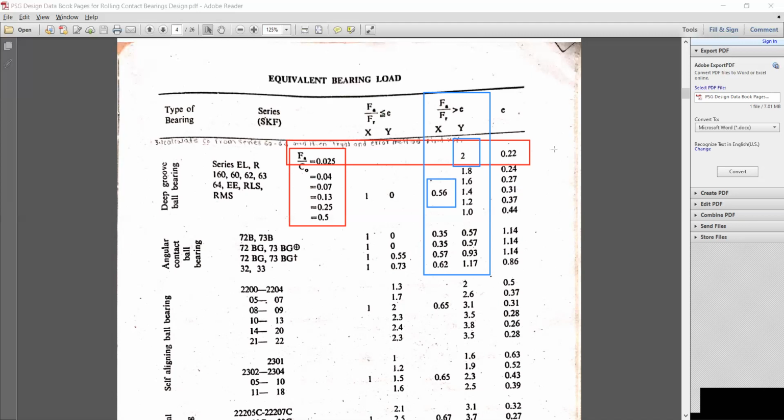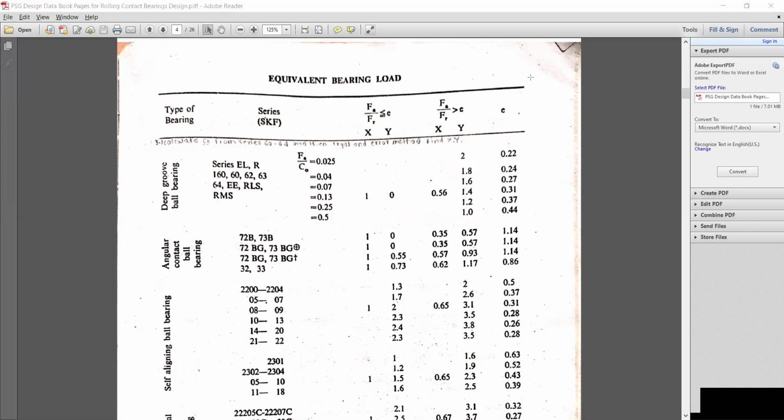Okay, so have you understood? Otherwise I will explain one more time. First of all, we need to calculate the Fa upon C0 ratio. The second ratio is the Fa upon Fr ratio.